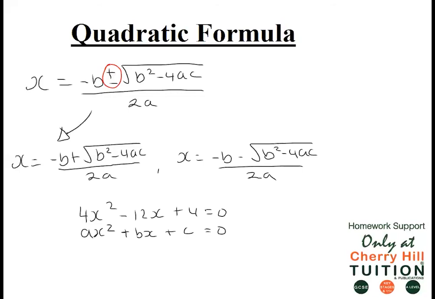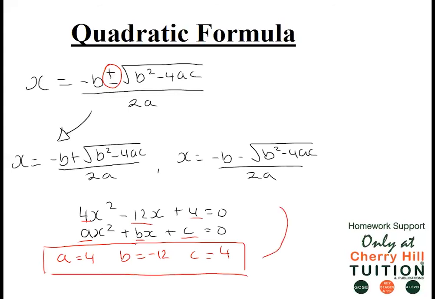So a is the coefficient of x squared, which is 4. B is the coefficient of x, which is minus 12. And c is the value that does not have an algebraic letter next to it, which is 4. Now using these values of a, b, and c, we can plug these into the quadratic formula to find two possible values of x. So let's dive into some questions to see how it works.